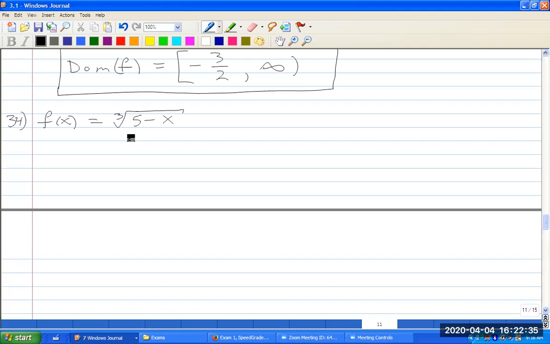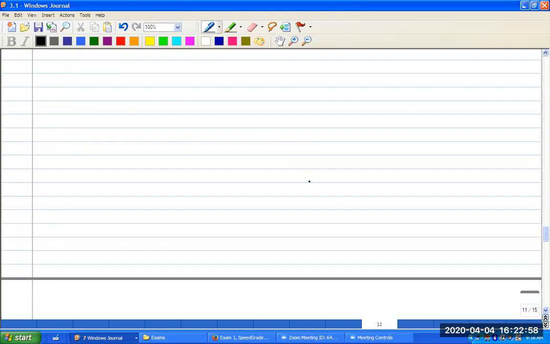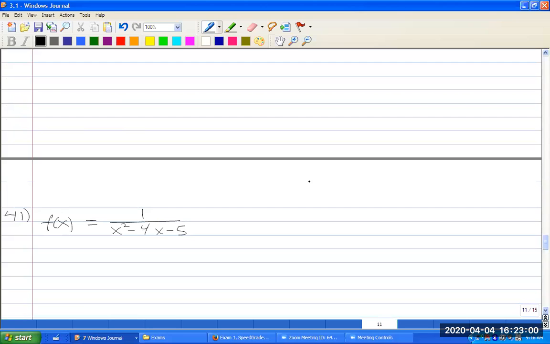Therefore, the domain of my function is just the set of all real numbers. It is all numbers from -infinity to +infinity. And that's the domain of my function.